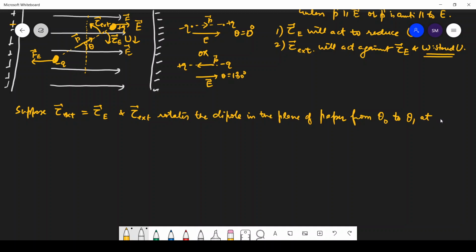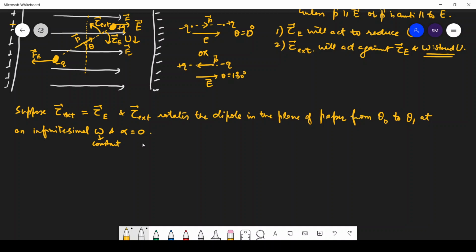So no angular acceleration, the angular speed is infinitesimal, and that's also constant because the angular acceleration is 0.